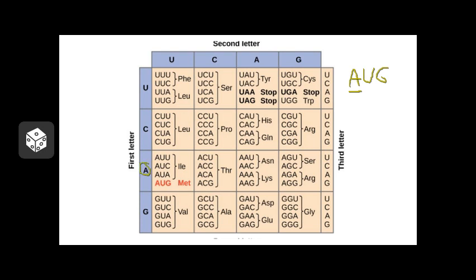Next, I'm going to look for my second letter along the top, U. Here's U. That's going to lead me to this block. And then I can look in the block and find the codon I'm looking for, AUG. AUG codes for the amino acid methionine or MET. And yes, it is just fine to use the 3-letter abbreviations for the amino acids. You don't have to memorize this chart, and you don't have to memorize the names of all the amino acids.